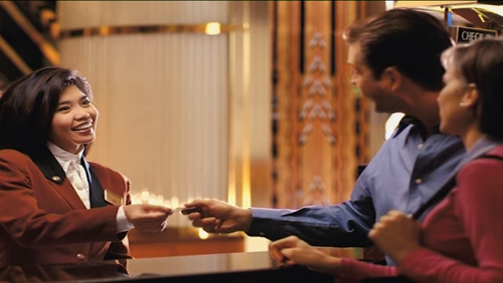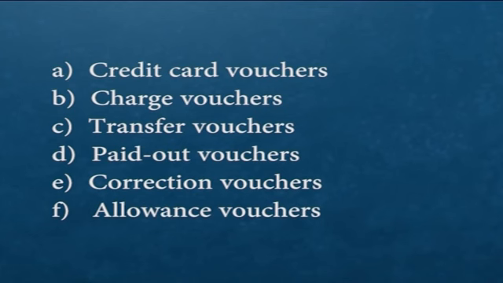If the guest pays the amount in the outlet, then the voucher is filed there itself. Vouchers depict the details of the transaction information gathered at the source of transaction. Some of the commonly used vouchers in the hospitality industry are credit card vouchers, charge vouchers, transfer vouchers, paid out vouchers, correction vouchers, allowance vouchers, etc.